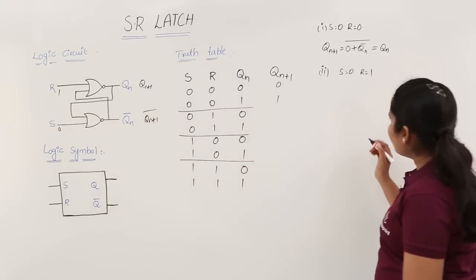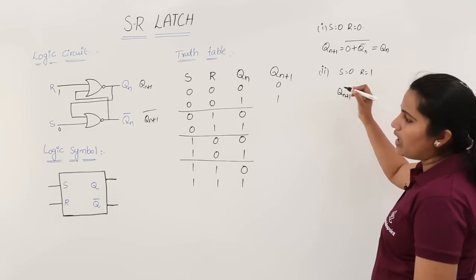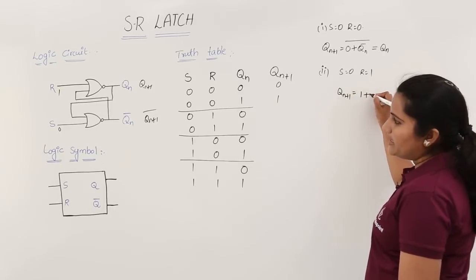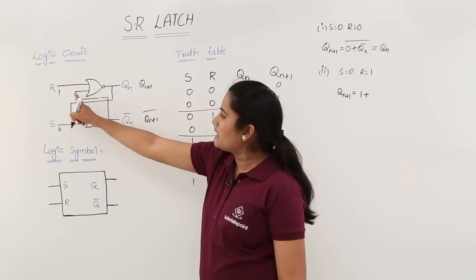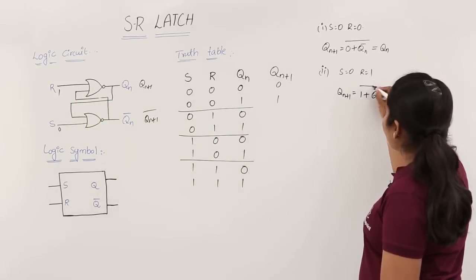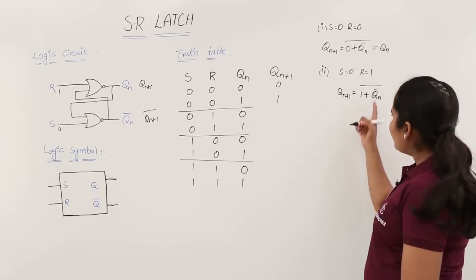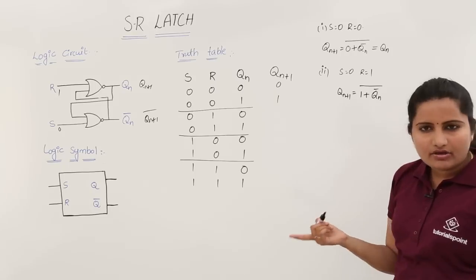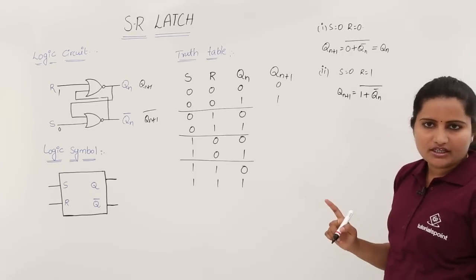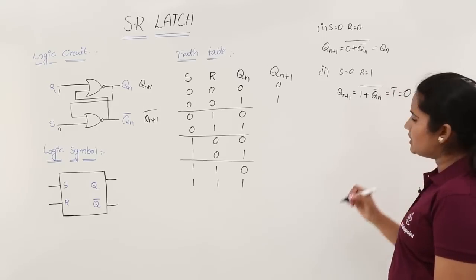So Qn+1 is equivalent to R value 1 plus, for this NOR gate, the other input Qn bar. So Qn bar whole bar, as that is a NOR gate. You know that 1 plus anything is equivalent to 1, and 1 bar is equivalent to 0. So here you will get 1 bar equal to 0.